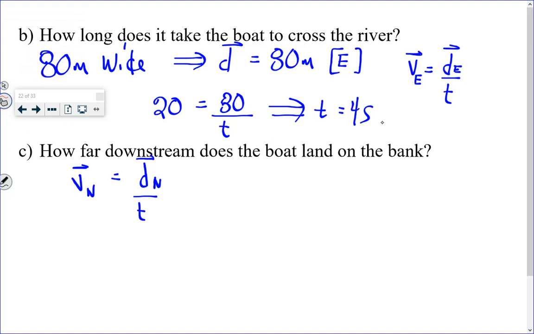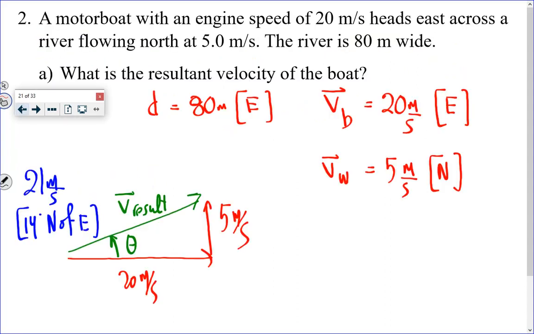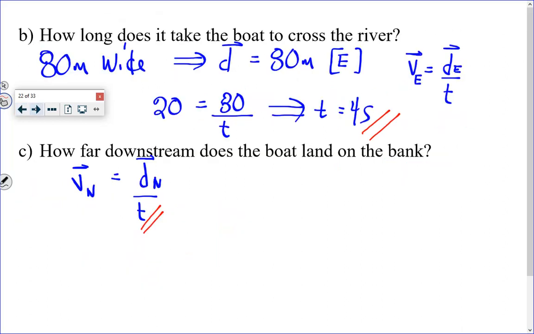That's a little cloudy right now, so I hope that makes sense. What I'm saying is, if it's traveling across the river for 4 seconds, that means it will be traveling downstream for 4 seconds, so we can put that in. I've forgotten what the speed of the river is. The speed of the river is 5 meters per second, and it is north.